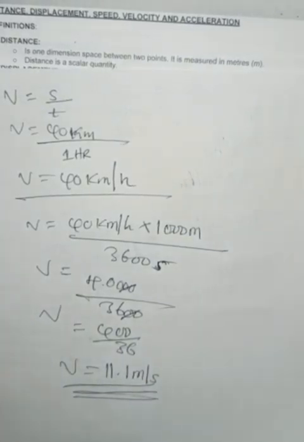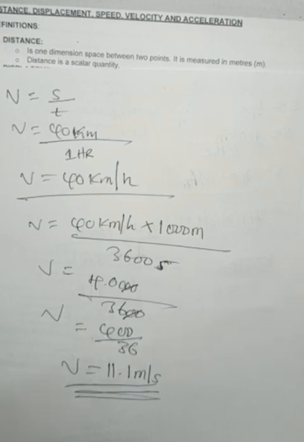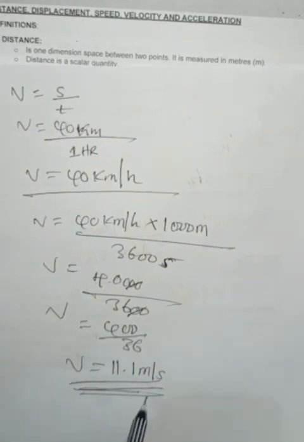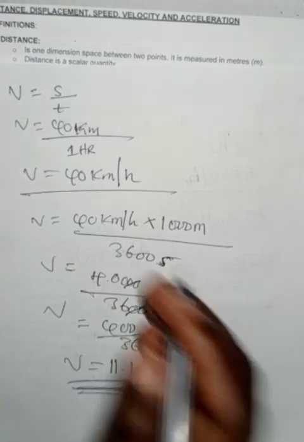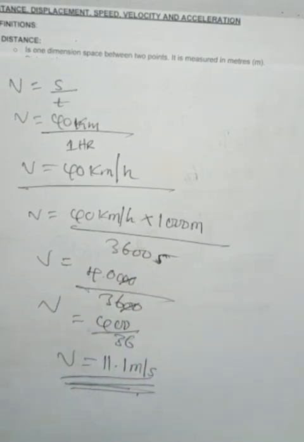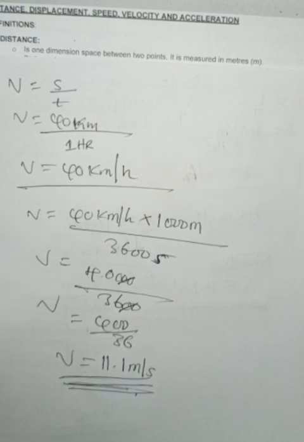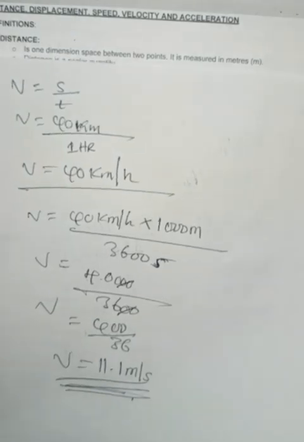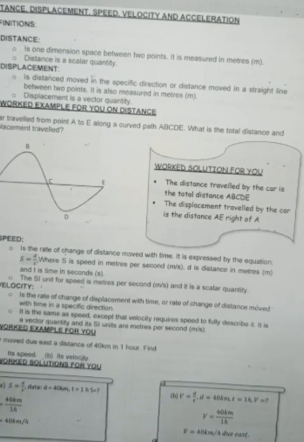So that is also the velocity at which this particular car was moving. That's how you work out questions of that nature. So please pay attention to the units, and where there is need for conversion, please do so. All right, so let's go ahead.